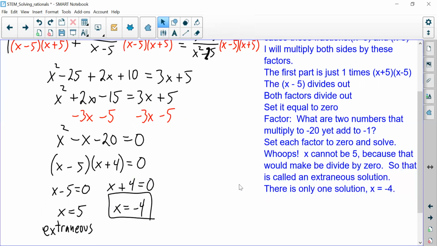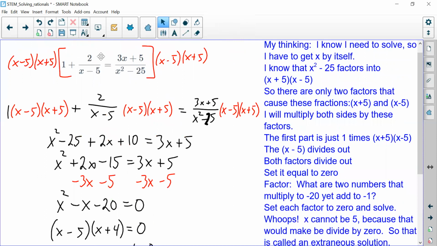But x equals 5 is impossible. Look at the original. The original has 2 divided by x minus 5. What would happen if x equaled 5? Then you would have 2 divided by 0, because 5 minus 5 is 0. Same thing over here. 5 squared is 25, and 25 minus 25 is 0.